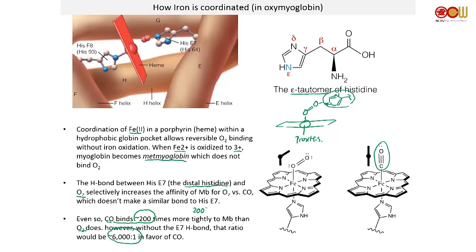So you go from 200 to 1 to 6,000 to 1. So having the distal histidine there increases the affinity of your hemoglobin to O2 by a factor of, let's say, 30, because having that histidine there really stabilizes O2. Even though it doesn't stabilize carbon monoxide, carbon monoxide is still very favorable for this binding. Why is that? Because this thing's essentially linear, so then you have a nicer coordination.